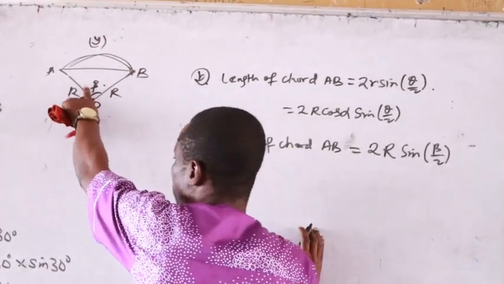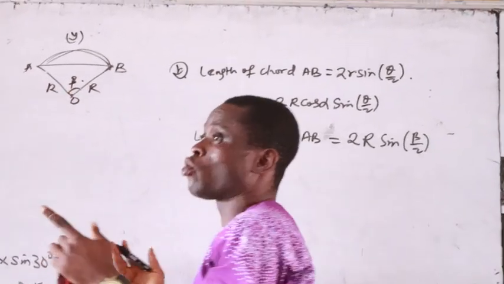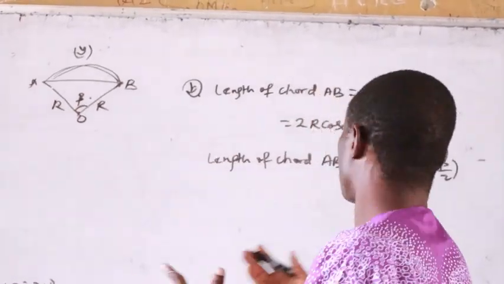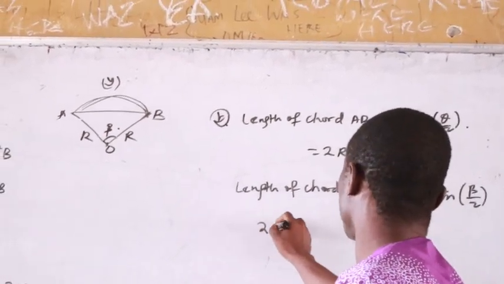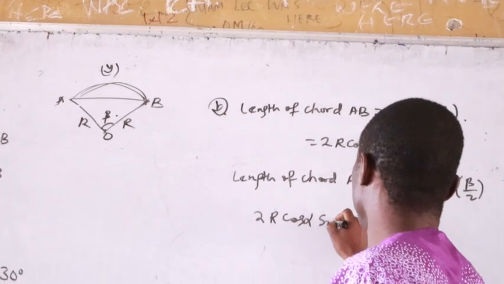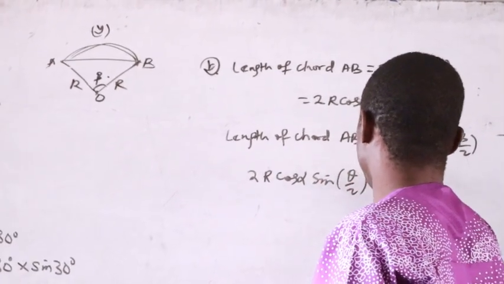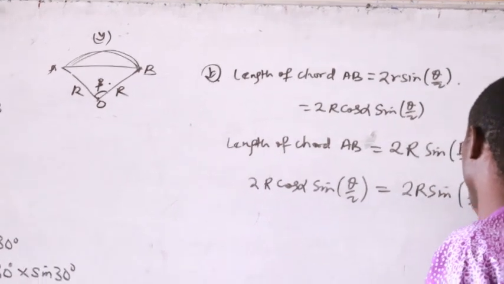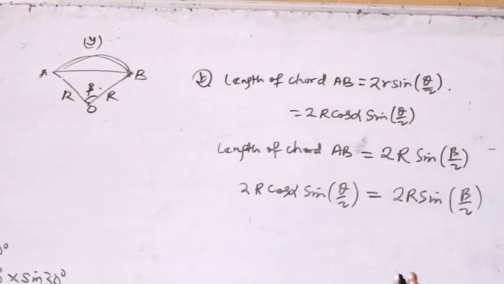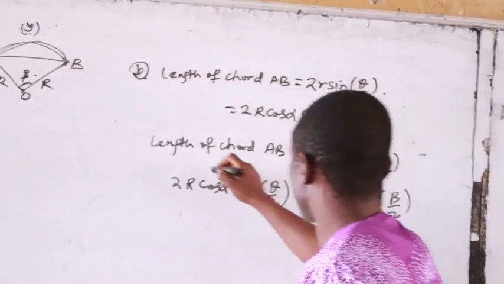Beta is the angle here. And the two chords are the same, so I can equate the two: 2R cos alpha sine theta over 2 equals 2R sine beta over 2. Okay, 2R cancels 2R.